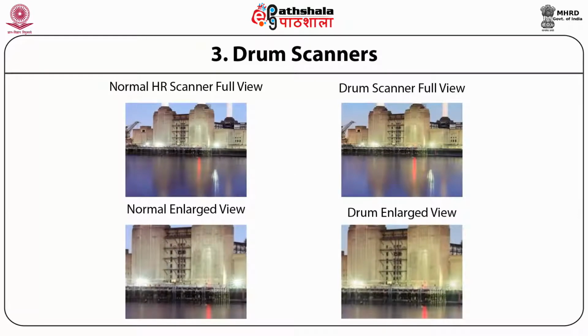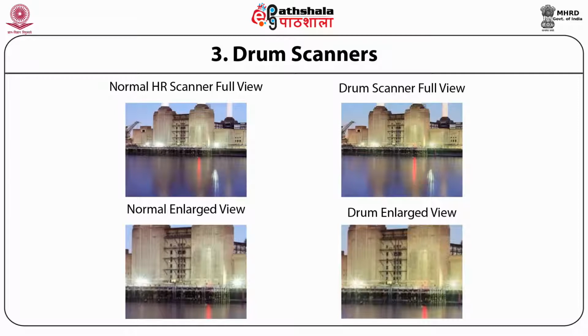These are two pictures taken by different types of scanners. The left side picture has been scanned by a higher resolution scanner. The right side picture has been scanned by a drum scanner. In normal view, it is very difficult to find any difference between the two pictures. The bottom two pictures are enlarged 400%.